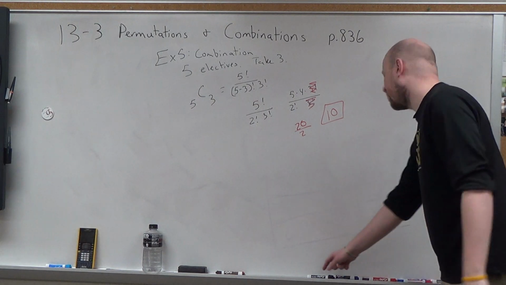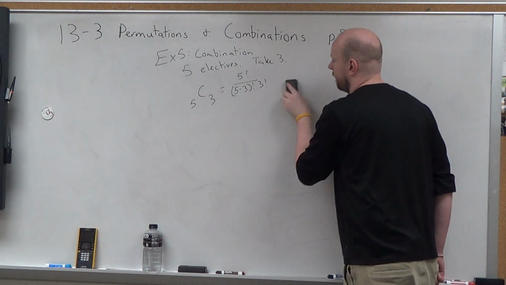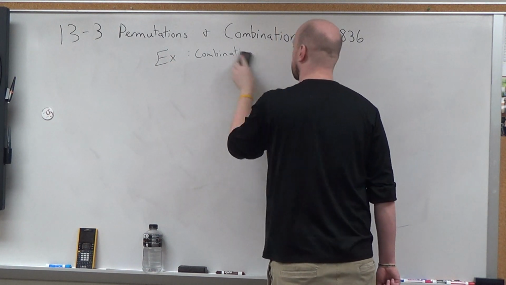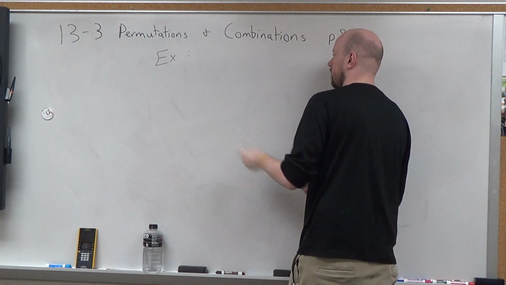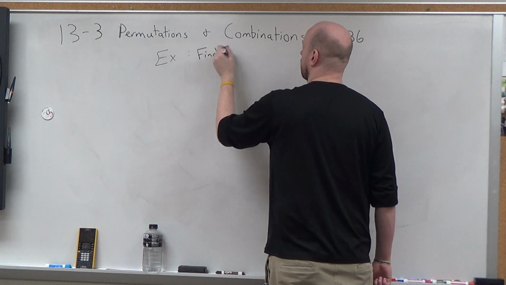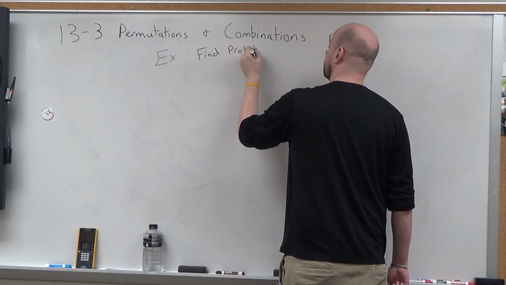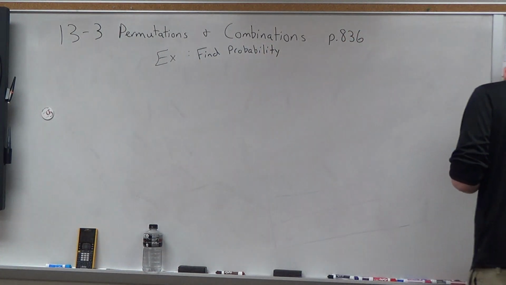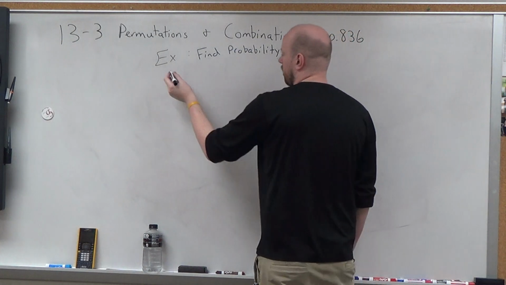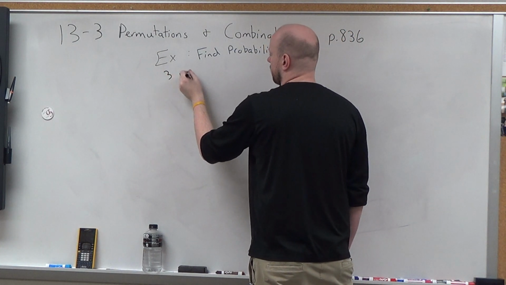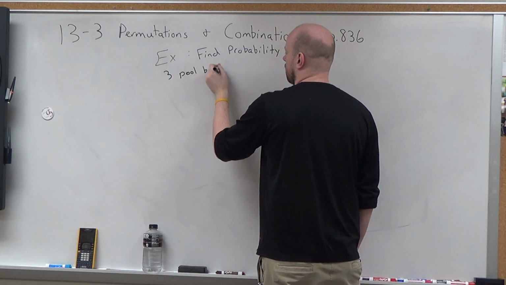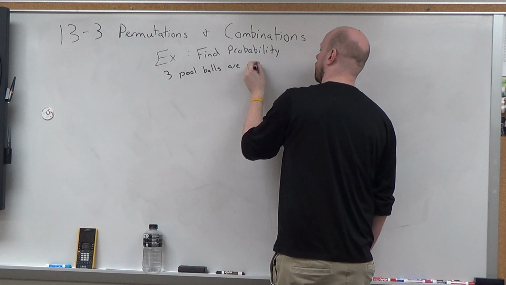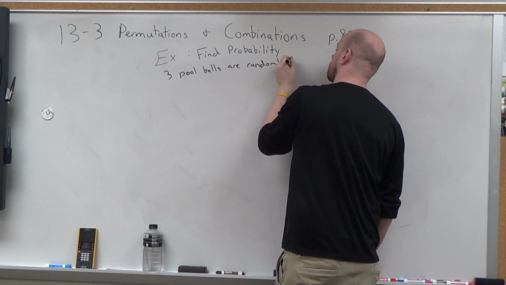Okay, then I got one last example and that'll be it. This one's called Find Probability. So let's say 3 pool balls are randomly selected.